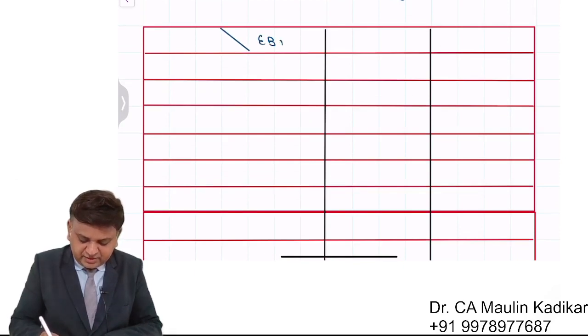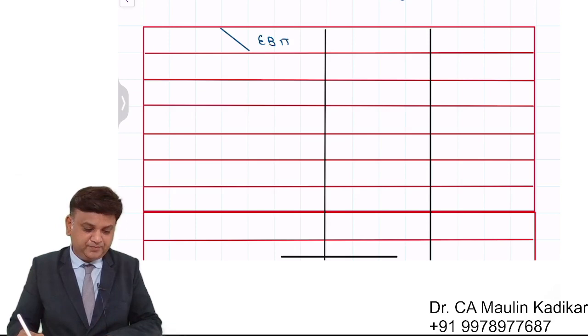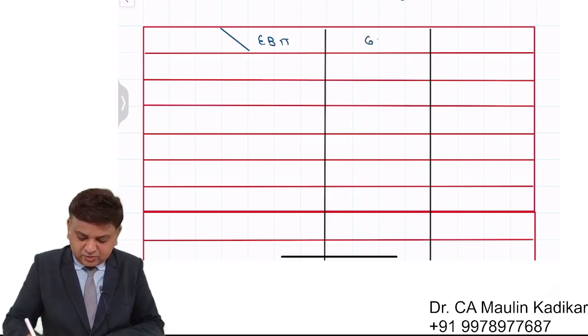As far as earning before interest and taxes is concerned, in the first case it is 62,500. In the second case it is 2,50,000.